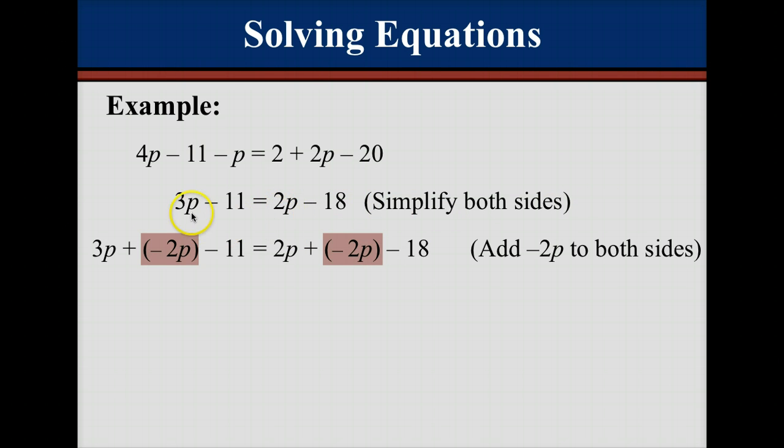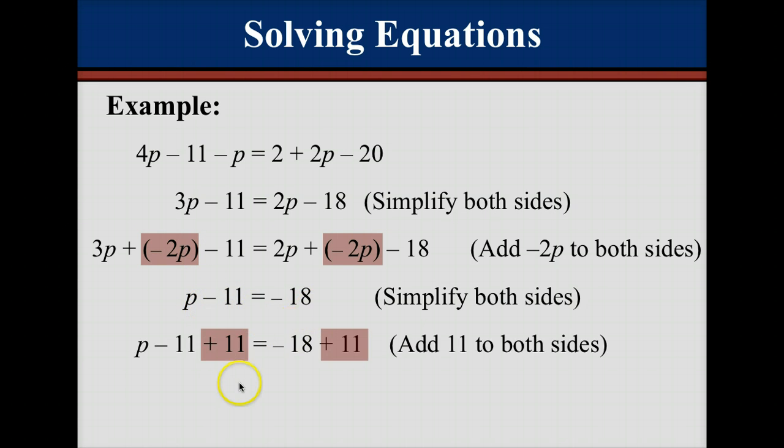Let's subtract 2p from both sides. We're going to simplify. So we're going to put the p's together. This is a positive 2p, so we're going to subtract 2p from both sides. That is going to leave us with p minus 11 equals negative 18. Now let's isolate the p. This is a negative 11, so let's add 11 to both sides.